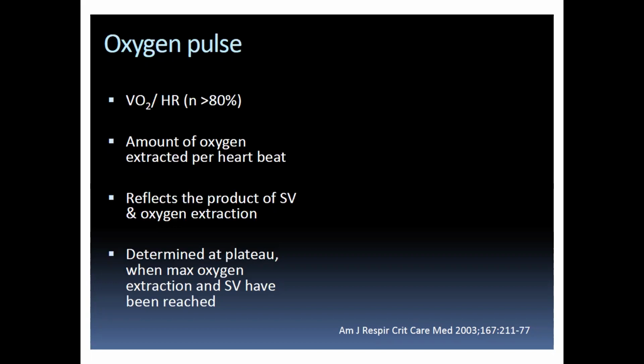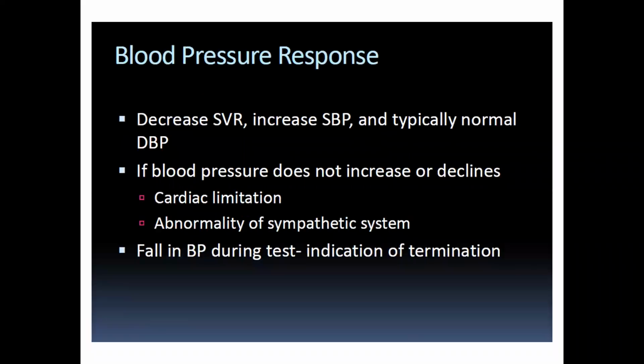The only way you're augmenting your peak VO2 is by increasing your heart rate. So if you have early plateauing of your O2 pulse curve, you cannot support the cardiac output with increasing exercise using your stroke volume. That is another sign of cardiac output limitation.